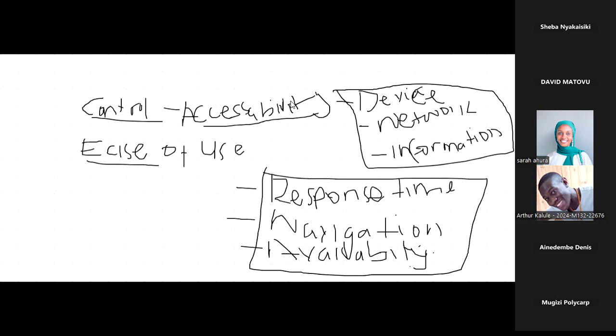So the theory guided the hypothesis, and then the variable gave us the things we need to measure, that will tell us this is the level of ease of use, this is the level of control and accessibility. Okay?